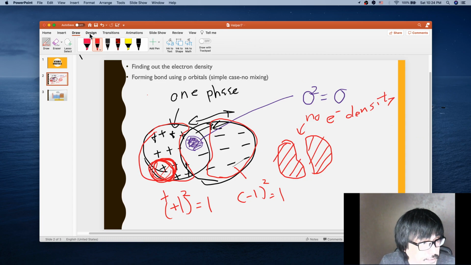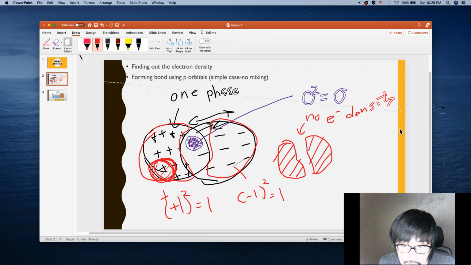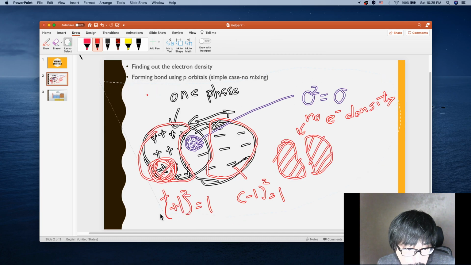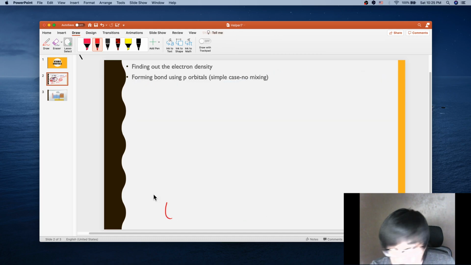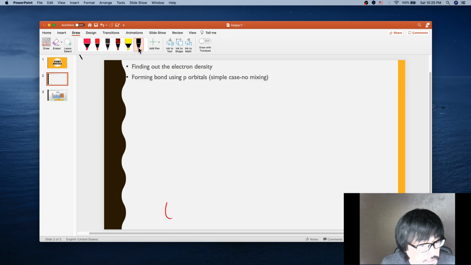Alright, then let's do another combination. This case, I'm going to do positive and positive.